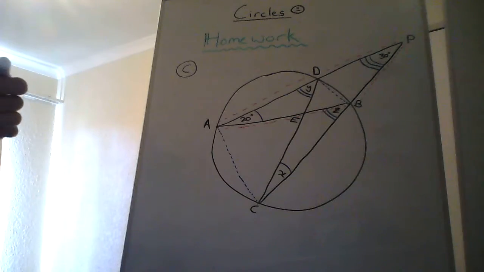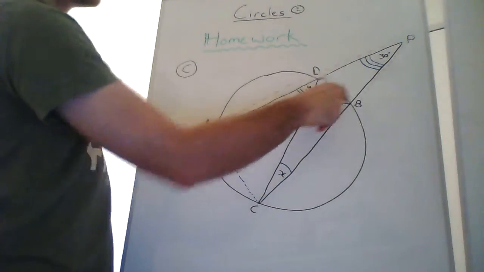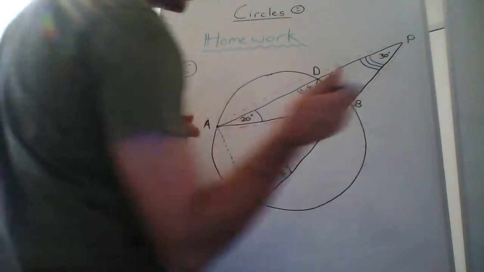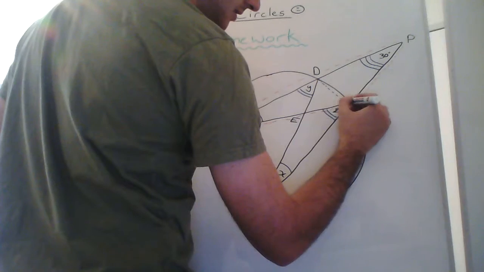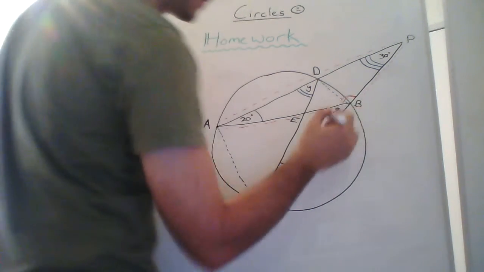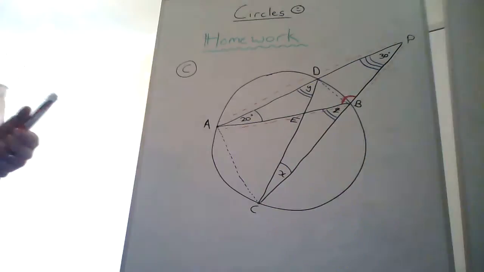And what's the benefit of that? Well, within this triangle, we now have two angles, and we're just missing the third one. Okay? And that third angle is going to be this angle over here. Whatever one we look at. Okay?